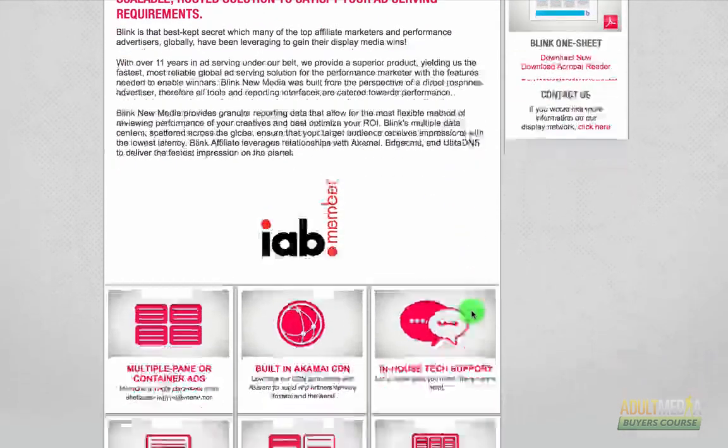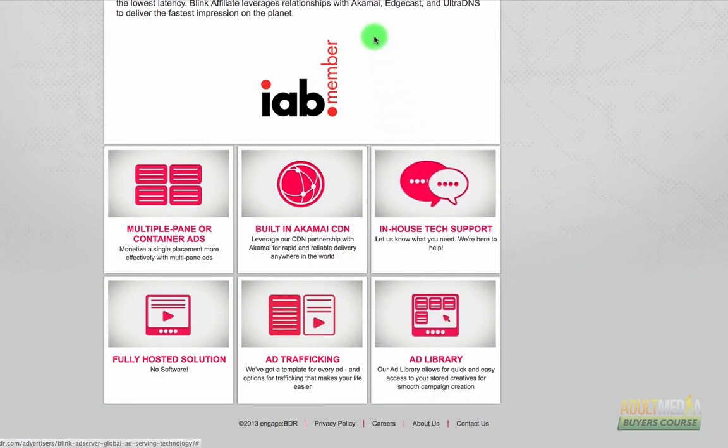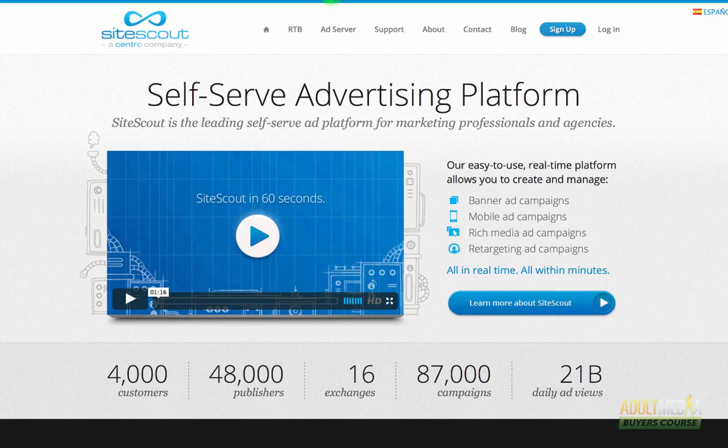Okay, so that's good. And then here's another one. This is SiteScout, very large platform, very well known. They have, I would say, a more established user interface for their ad server. So when you log in and you're looking at stats and other stuff like that, it's nice.